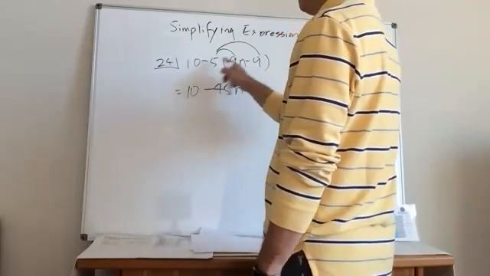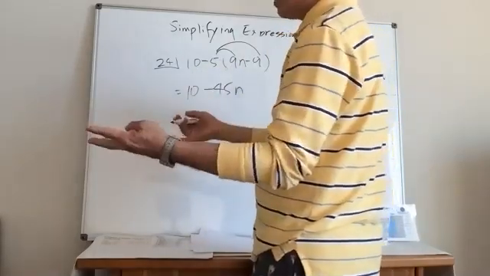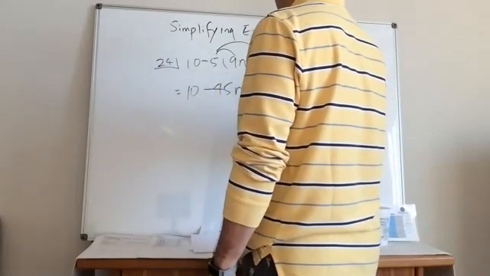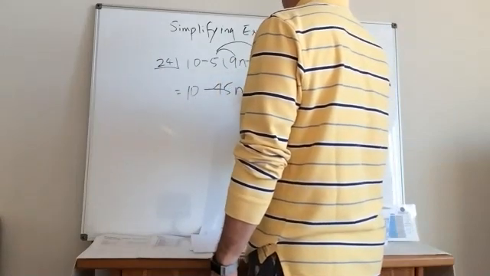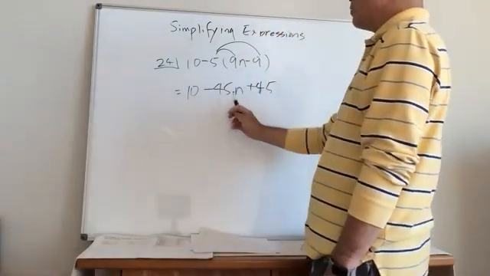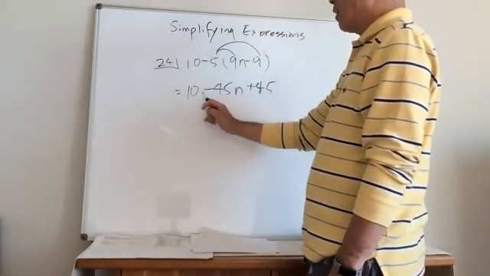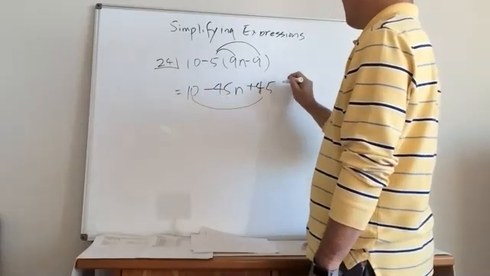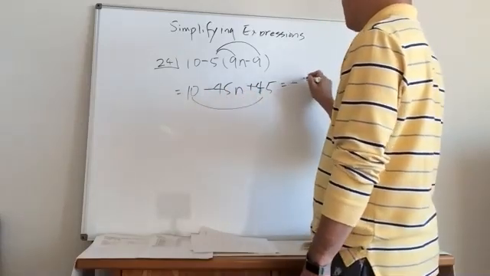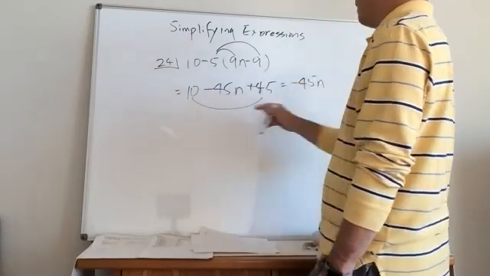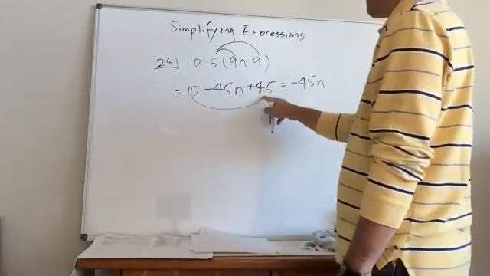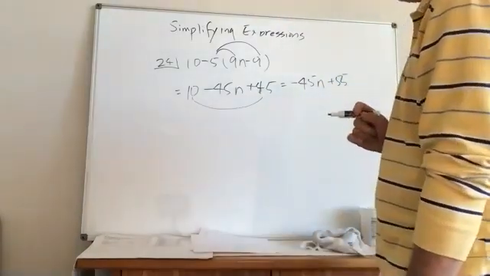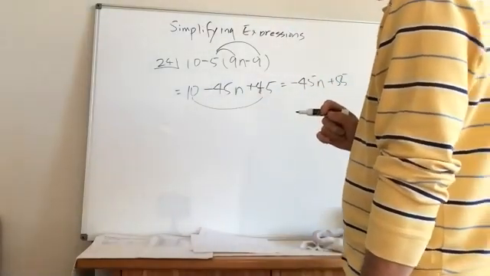So I have a negative number times a negative number, so it becomes a positive number. 5 times 9 is 45. This one has an n. These two do not, so I can combine these two together. So this one just stays the same, minus 45n. I have 10 plus 45, which is 55. Okay?